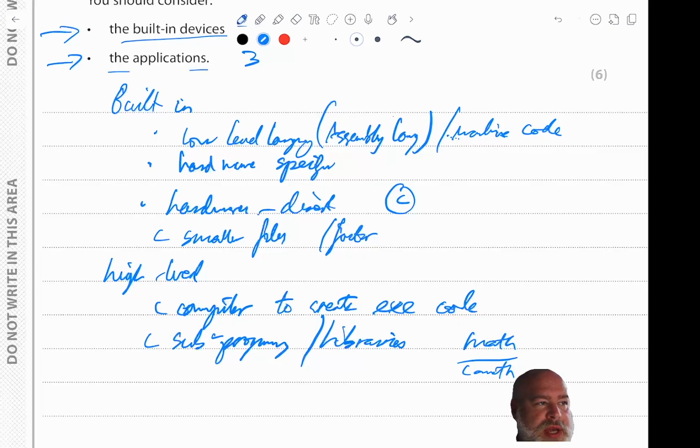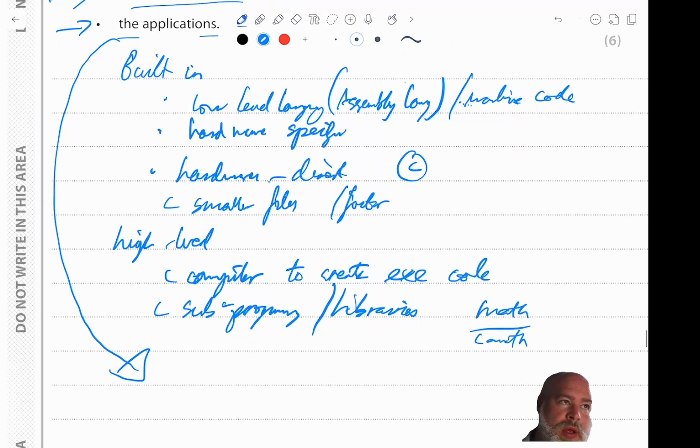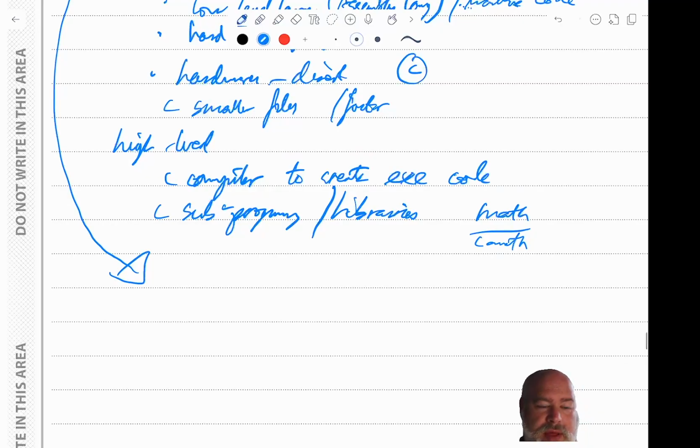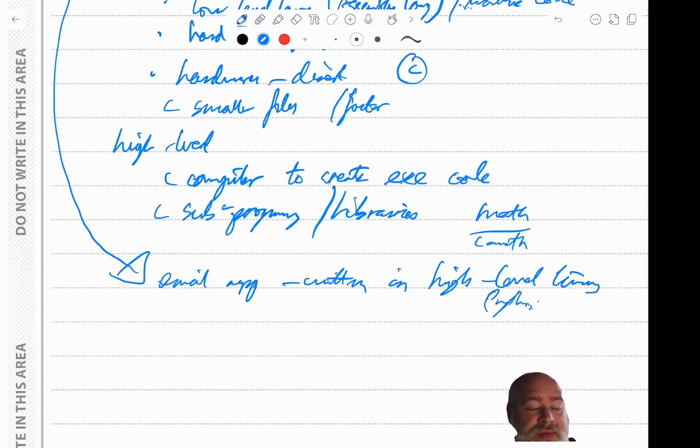What else could you say? For applications, let's talk about applications. You could say the email app written in a high-level language, like Python, because it makes the development much quicker.